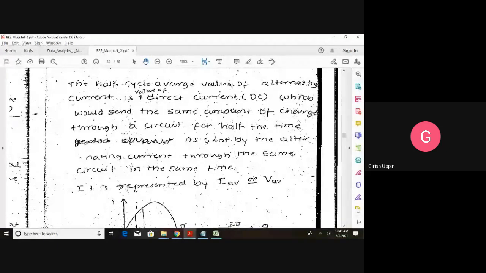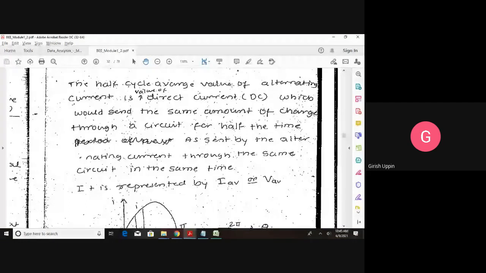Suppose I have another DC circuit, and that DC value also makes the same x amount of charge move in the circuit for the same half cycle time. Then that DC value is a representative of the average value of the alternating current. Meaning the average value of an alternating current is equivalent to the DC current which will make the same amount of charge flow in the circuit. That is how we define it.